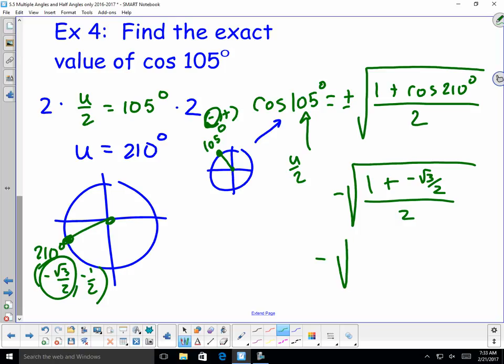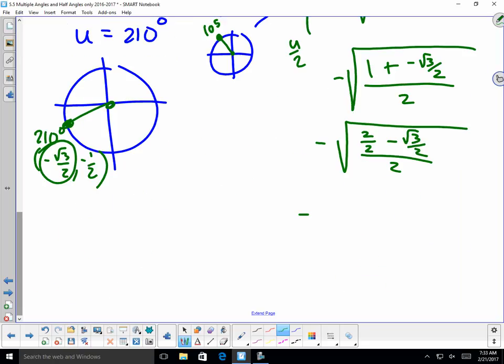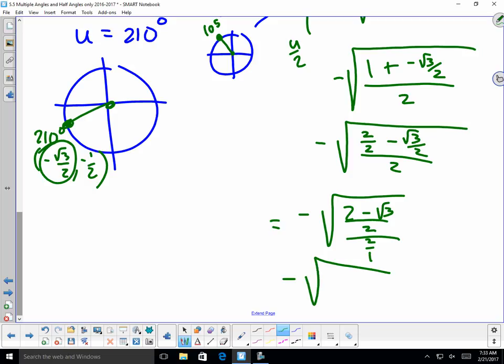So we get negative square root of, let's get a common denominator here, 2 over 2 minus square root of 3 over 2, all divided by 2. And that's going to be negative square root of 2 minus square root of 3 over 2, divided by 2 over 1, which we can write as negative square root of 2 minus square root of 3 over 2 times 1 over 2.